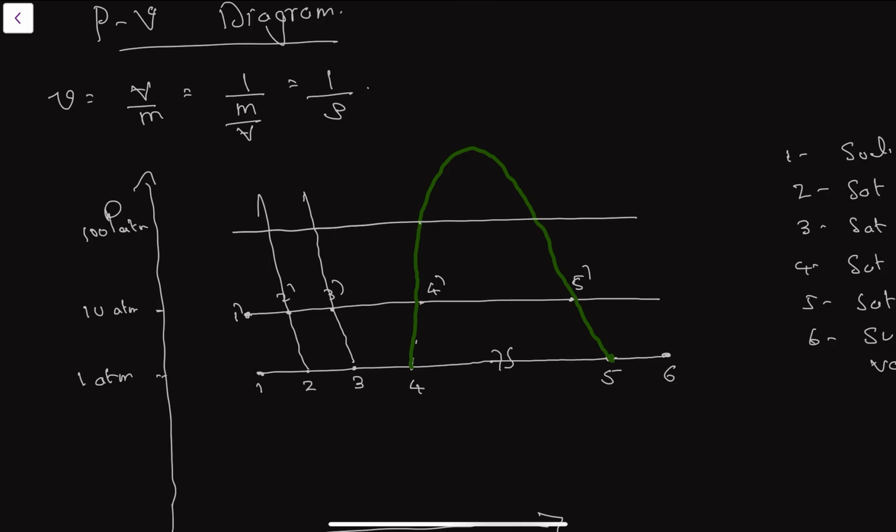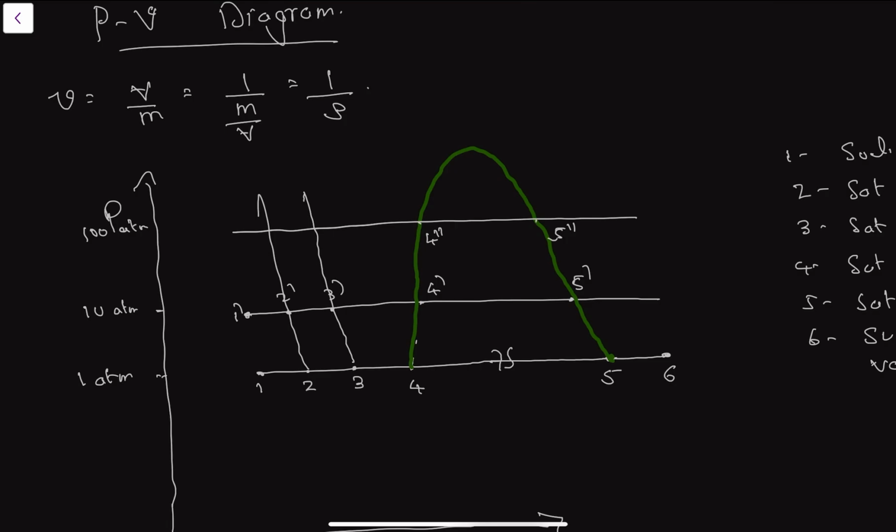So you can see here 4 double dash and 5 double dash. And you can see that the difference between these two, this 4 and 5, is gradually reducing. That is, the change in specific volume is gradually decreasing.